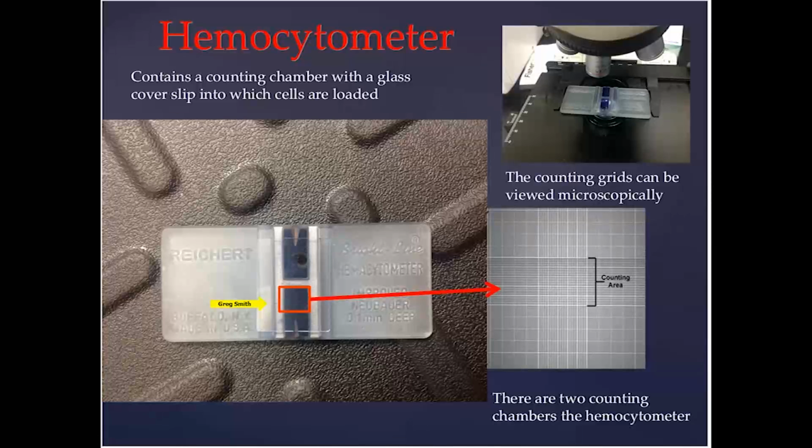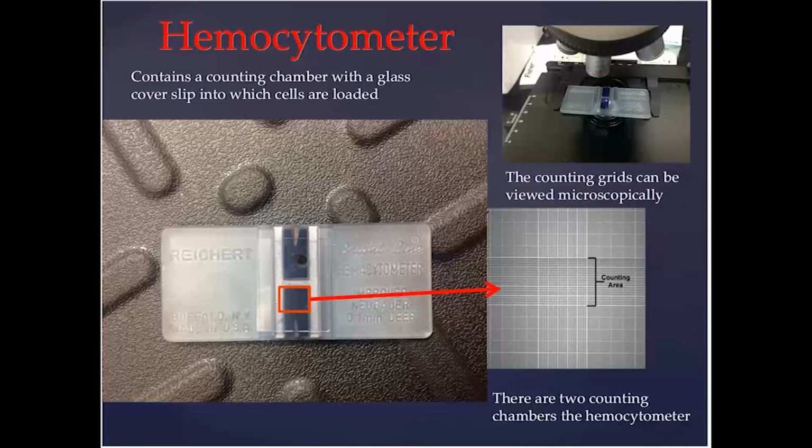This cover slip is placed on top of the hemocytometer, and when you perform a cell count, you actually load cells into these counting chambers, into these two little slits, and I'll show you that in just a second. And so you have two counting chambers that you'll be using to do the cell count on.